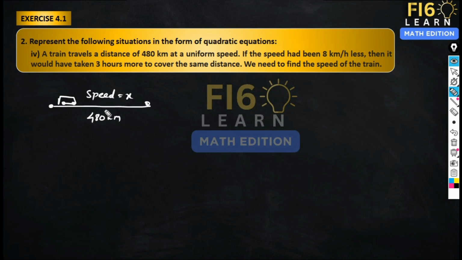It takes some amount of time to cover this distance, so I'm taking it as t. This is the initial case. In the second case, the speed of the train is reduced by 8 kilometers. If your speed is reduced, you just take more time for the journey.